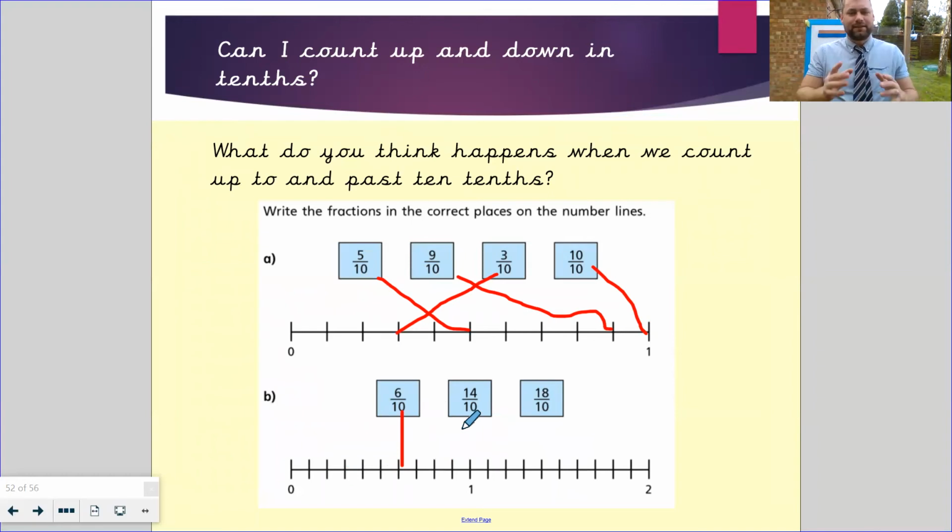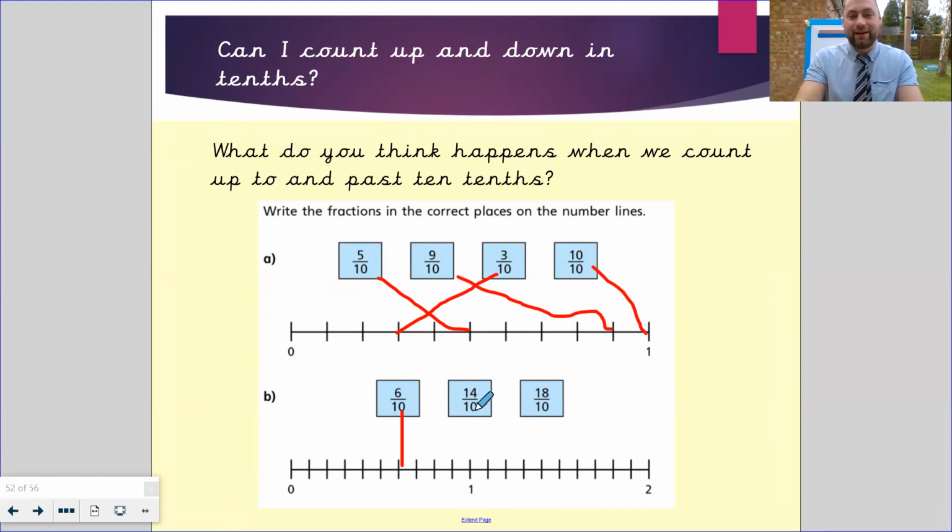Now the next one says 14 tenths. Bit confusing. This is called an improper fraction. This tells us that we've gone over 1 whole into our next whole number. If we think about pizzas, this is our first pizza here up to 1. Now we're going into our second pizza and we're gobbling down that pizza.